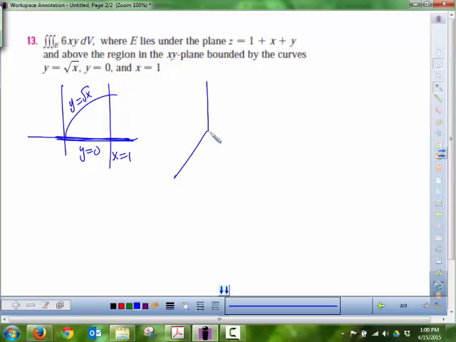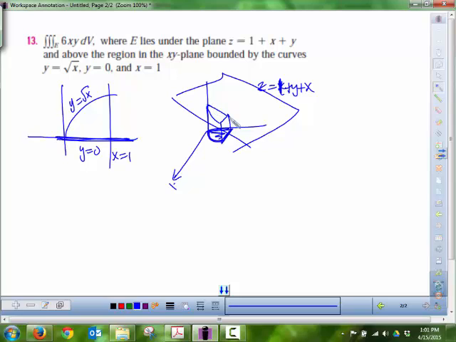And then somewhere in 3 dimensions, there's this plane, and this is your two-dimensional region that would get projected up to the plane somehow. And so we're looking at that volume right here.